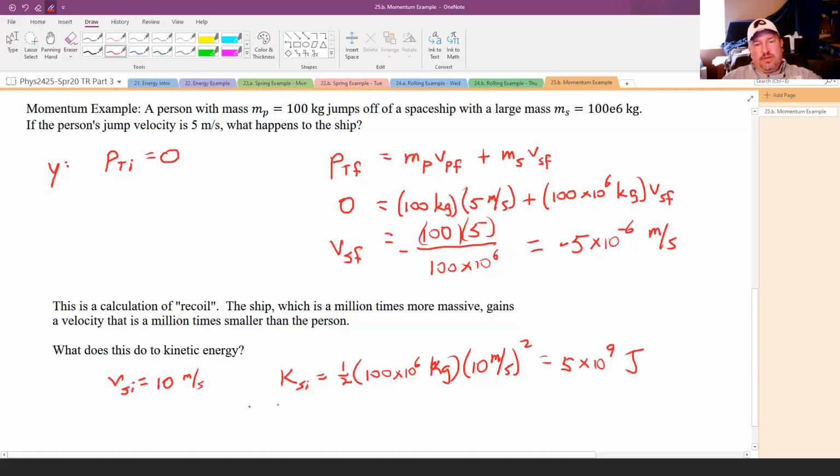So let's do K ship final, which is 1/2 times 100 times 10 to the 6th kilograms times 10 point, whoa. First of all, it's subtracted. Second of all, it's very small. So let's do 10 minus 5 times 10 to the minus 6, quantity squared.